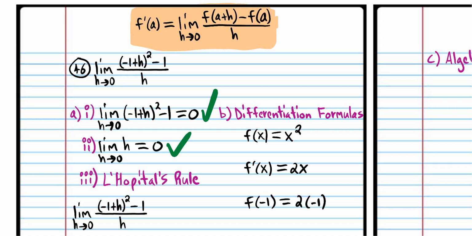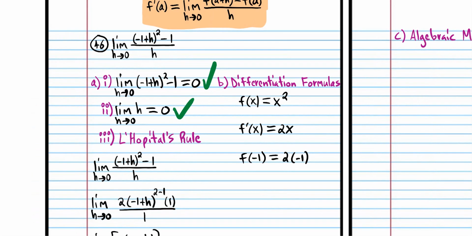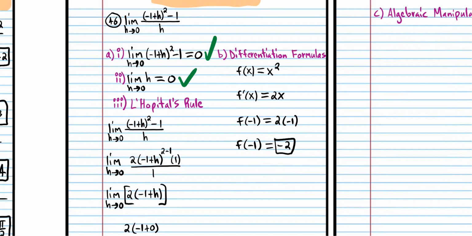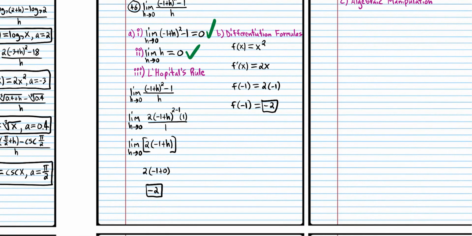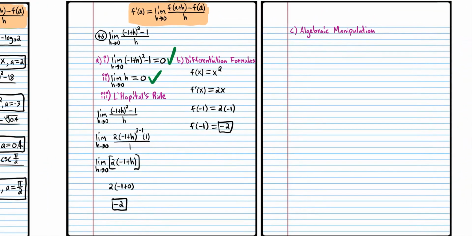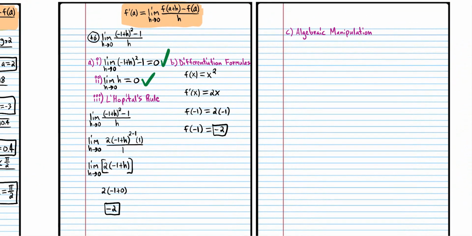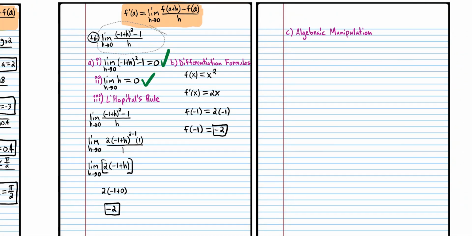Plug it in, and I've got my answer. So you can see that that was a lot easier, a lot faster than even L'Hopital's rule. Now algebraic manipulation, again, is going to be a lot more involved.